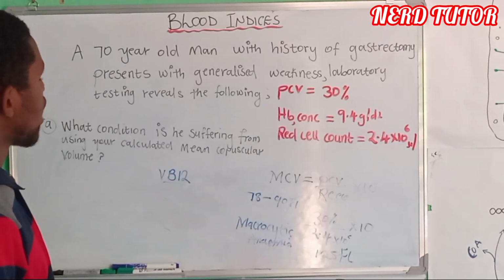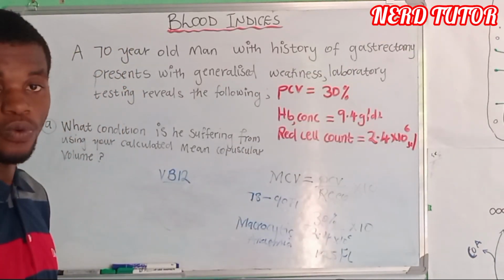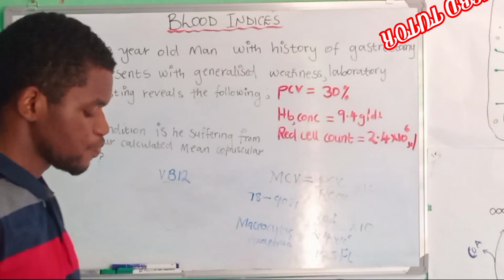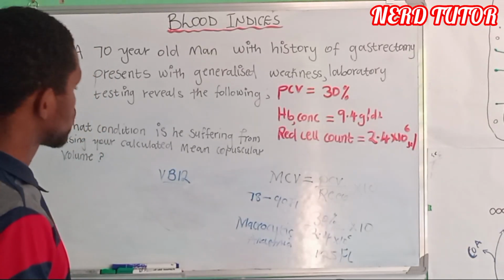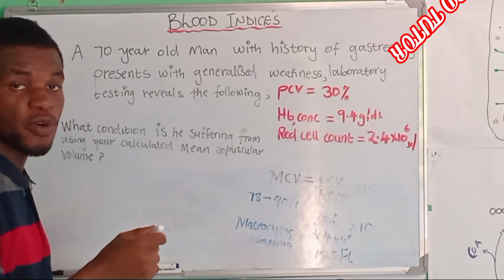So now, how can we solve using these? How can we solve the other two? Okay, so now I'm going to give you a mnemonic how to solve them. It's very simple. So to start with, let's first solve the mean corpuscular hemoglobin.